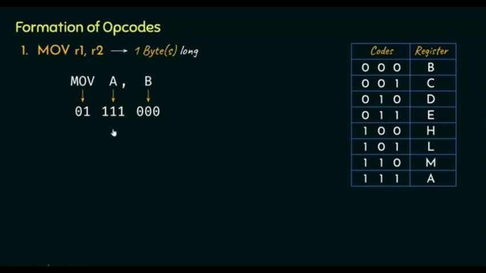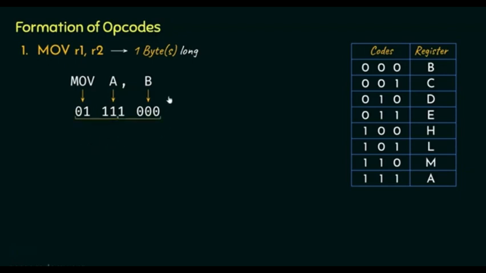Now since we have them in bits or in binary digits, in order to form the opcodes, we need to convert this into hexadecimal. And the conversion we also know how to do it. All we have to do is group the bits one nibble at a time from the least significant bit towards the most significant bit. So let's do that.